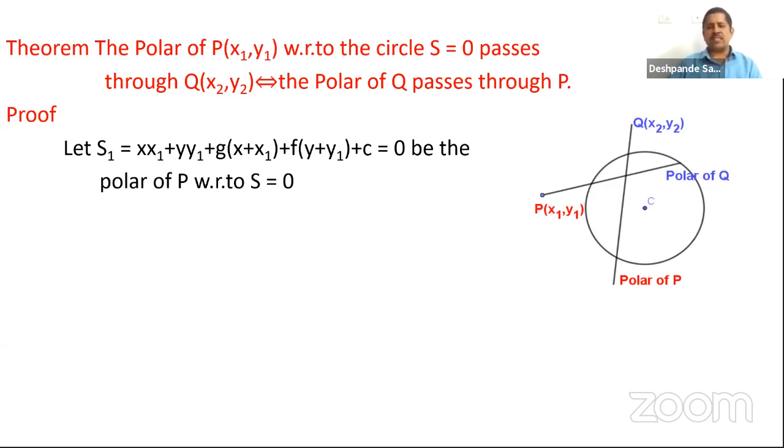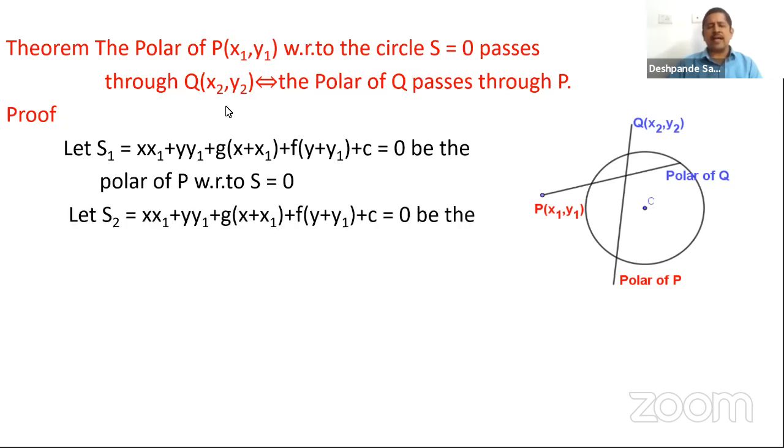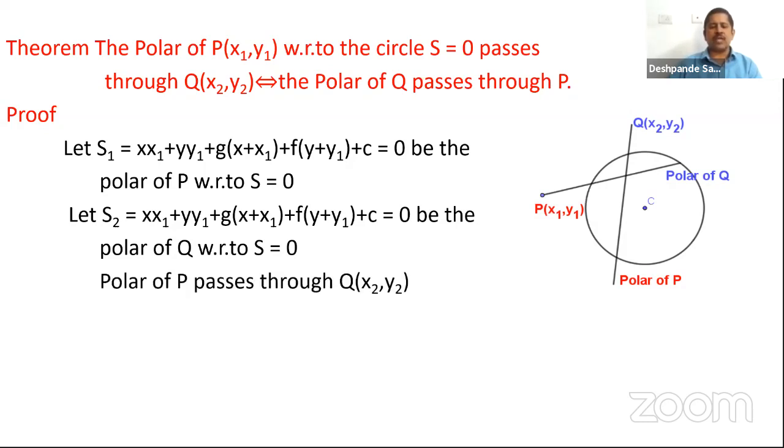Now what is the statement here? The statement is that the polar of P with respect to S passes through point Q. So you take another polar equation, that of Q. The polar of Q is xx2 plus yy2 plus g times (x plus x2) plus f times (y plus y2) plus c is equal to 0, the polar of Q with respect to the circle.